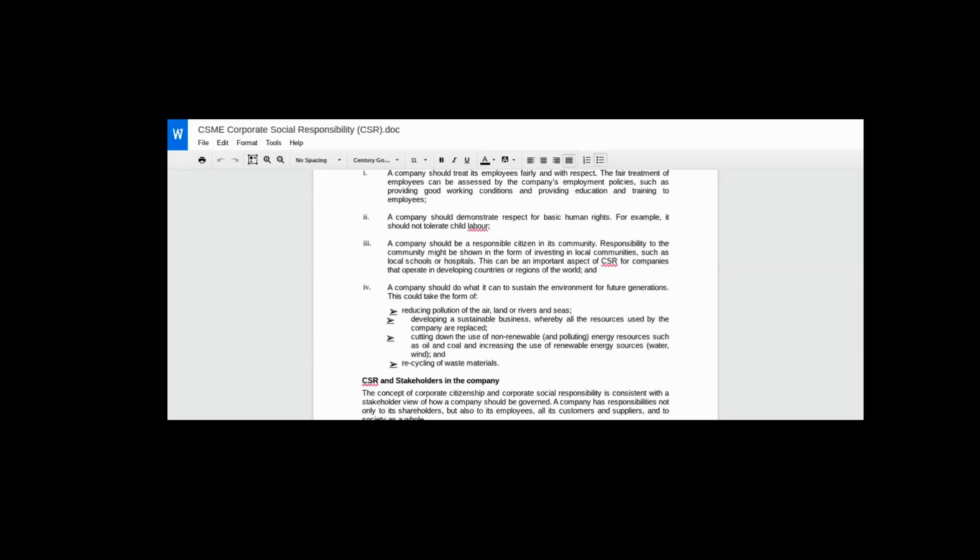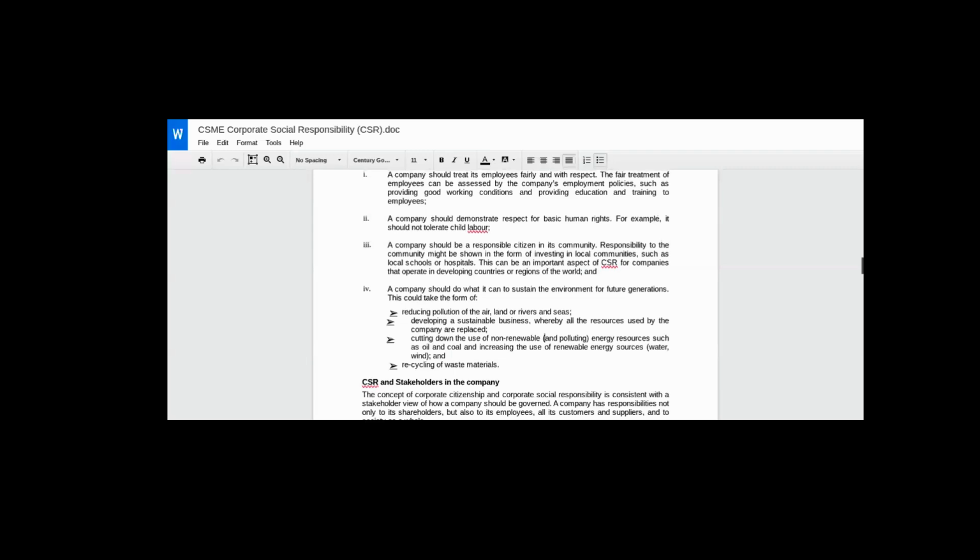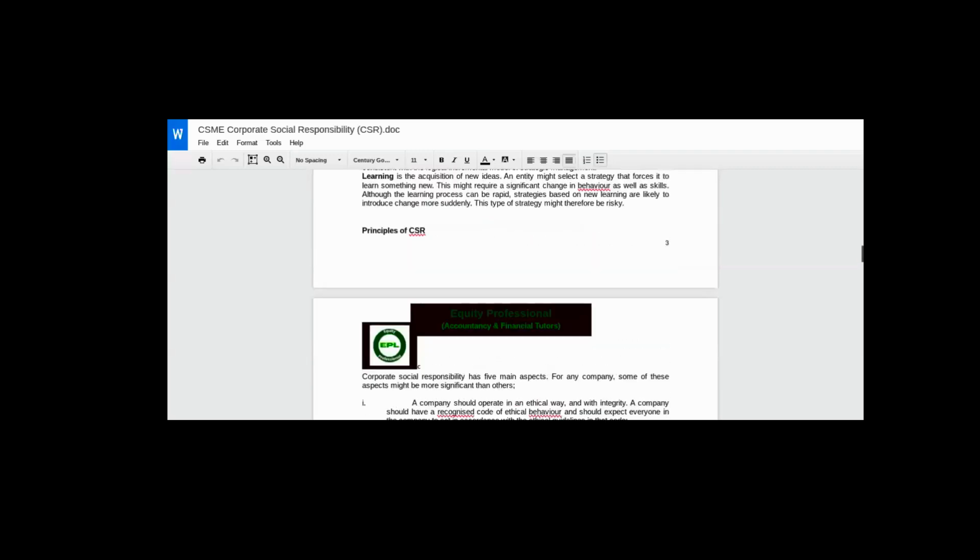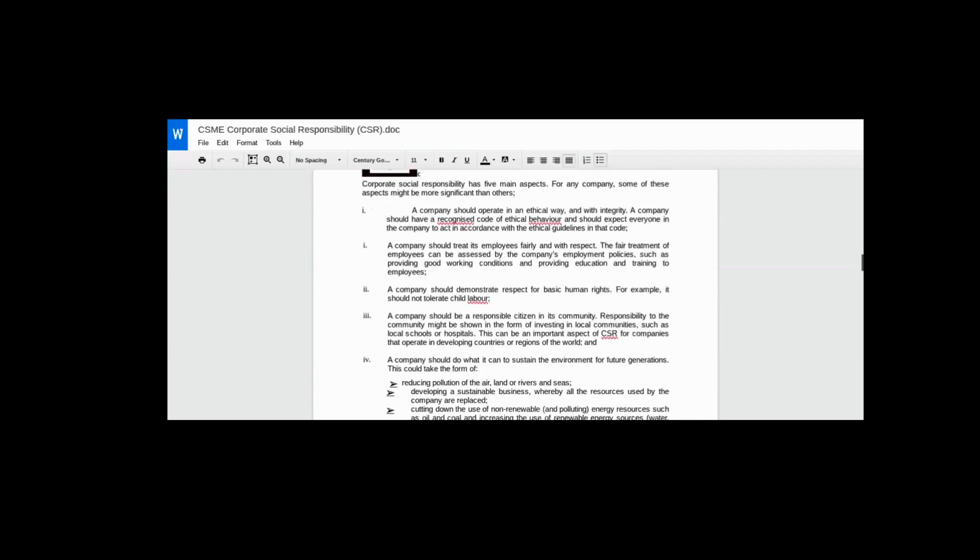Two, it can be achieved through use of renewable energy resources, recycling, resalvaging. So when we can do all this, then we have abided by the principles of CSR.